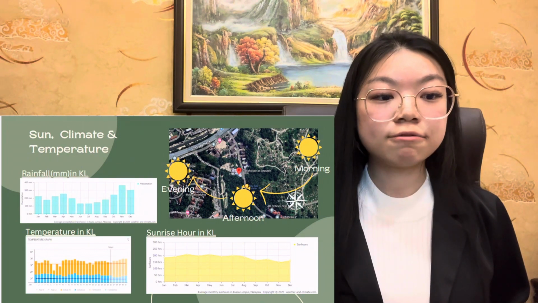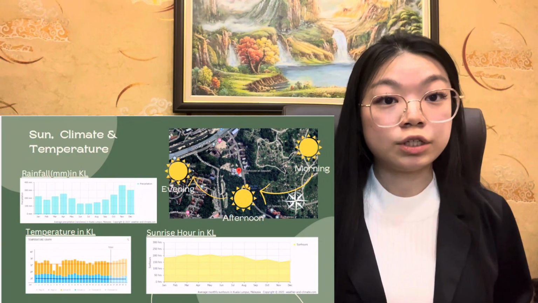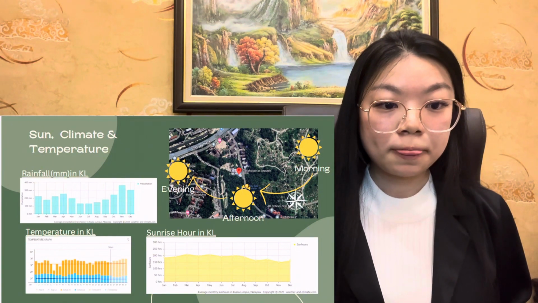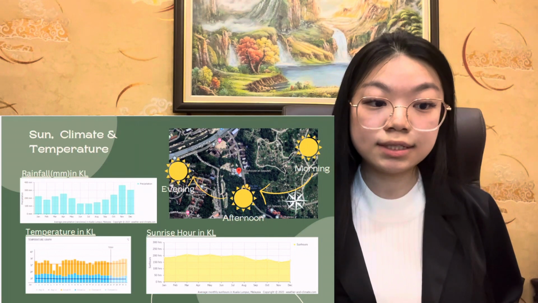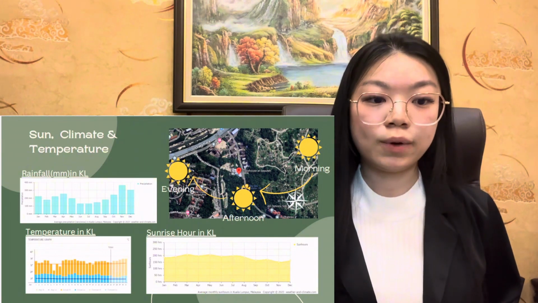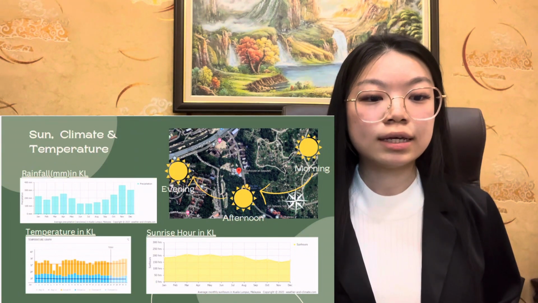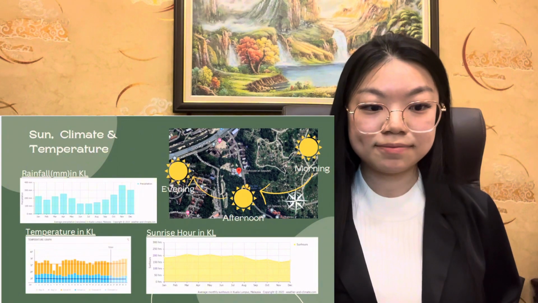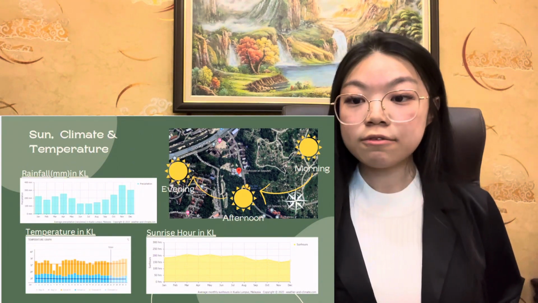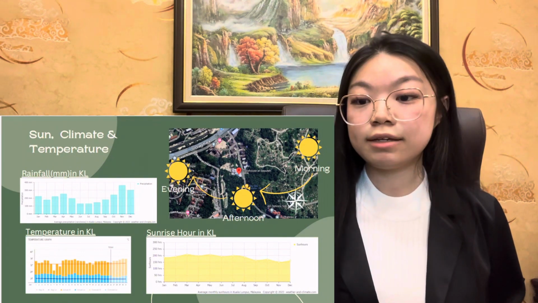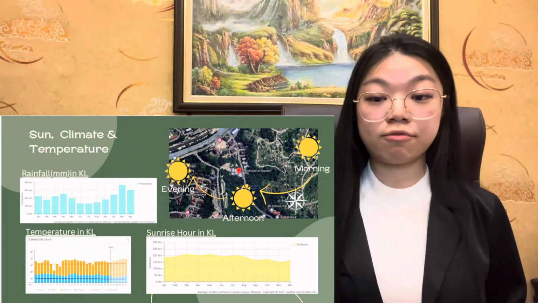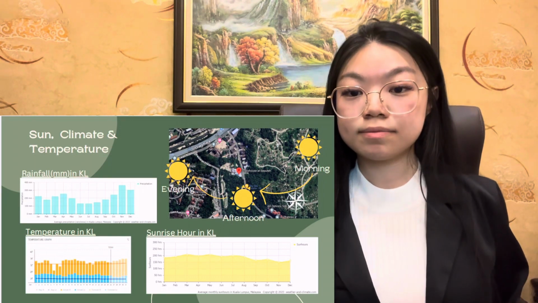The temperature for January is 33 degrees Celsius at the highest and 26 degrees Celsius at the lowest. The weather may change in the forecast. The sunrise in KL is at around 1:55.